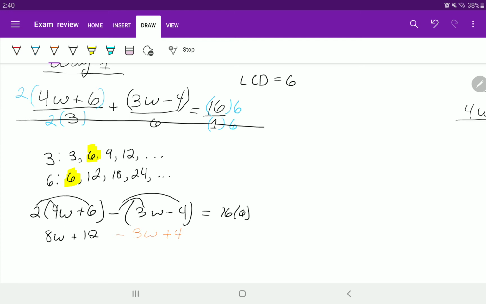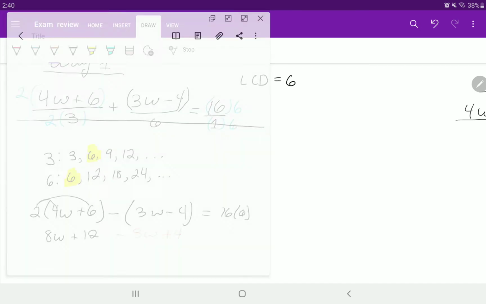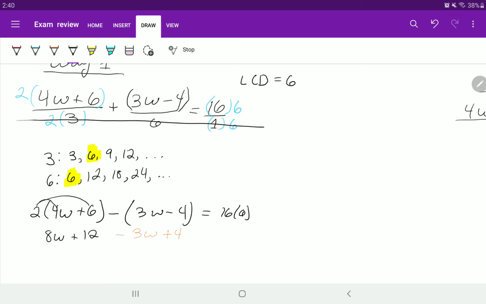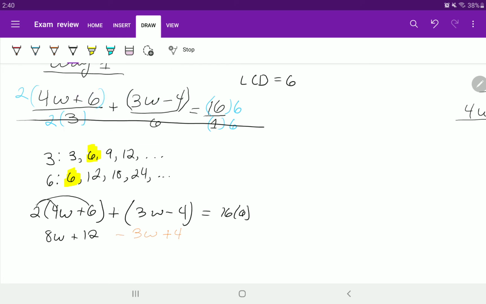But this is a positive sign, therefore we don't have to do anything. We can just drop the parentheses. So plus 3w minus 4 equals 96.